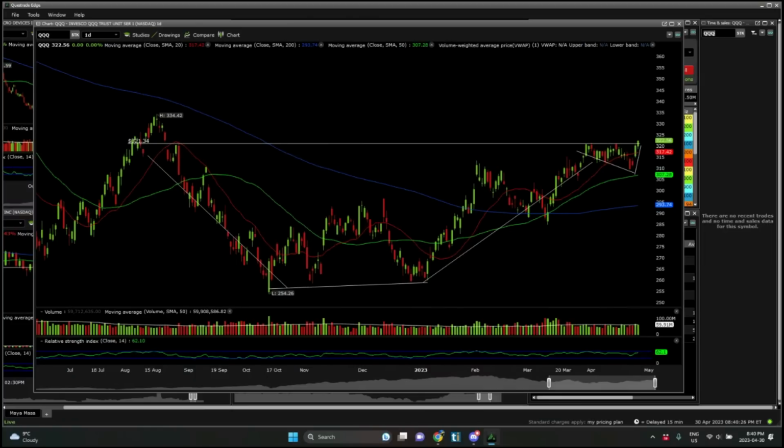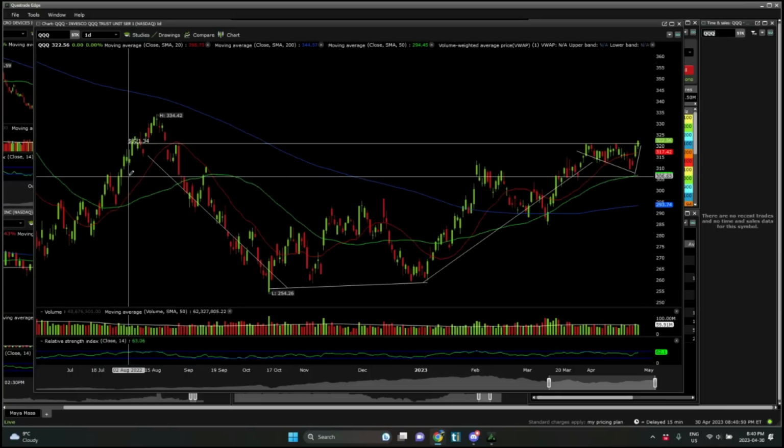Just for the sector weightings, unless we know off the top of this top 10 holdings for the Qs, this has created the cup and handle formation, right? So if we follow this Qs cup and handle formation this week, the Qs are going to explode, is what this chart is telling me.